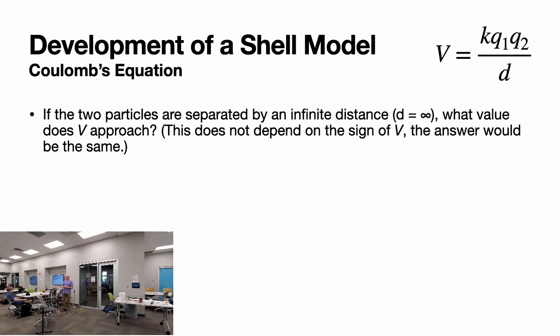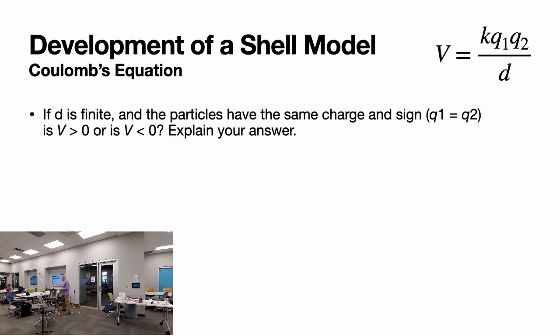So, as distance approaches infinity, our value for V is going to approach 0. D is finite, so it's not infinite, okay? Particles have the same charge. Q1 and Q2 are the same charge.